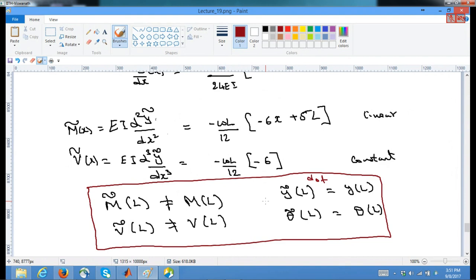So to summarize, what we have done is we have solved this problem with one element and shown that the FE solution is not the same as the exact solution. FE is an approximation. However, the FE solution matches your exact solution only at the nodes.